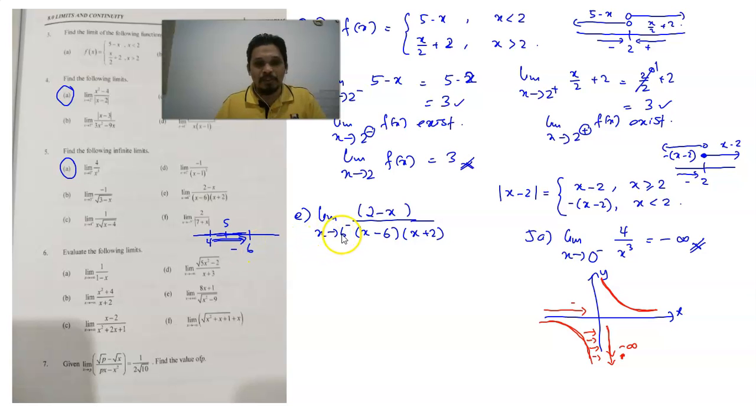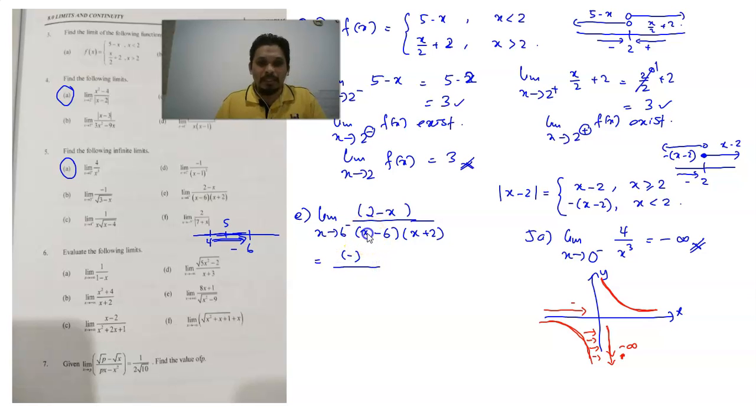So here we take values of x like 5.7, 5.8, 5.9, 5.99 and so on. If we substitute x approaching 6 from the left, 2 minus 6, the small number minus the bigger number, comes up with a negative value.